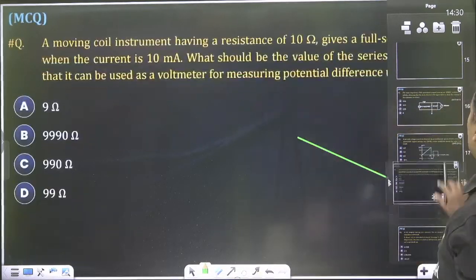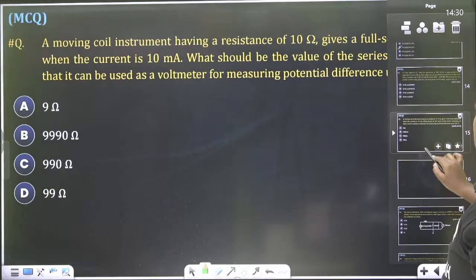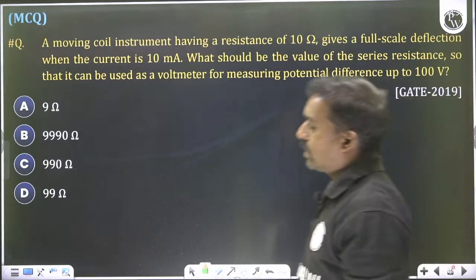Yeah, try to answer this question. This is a GATE 2019 question.